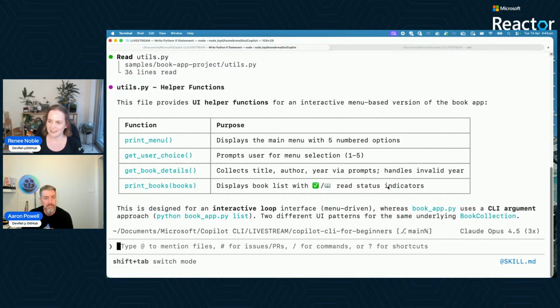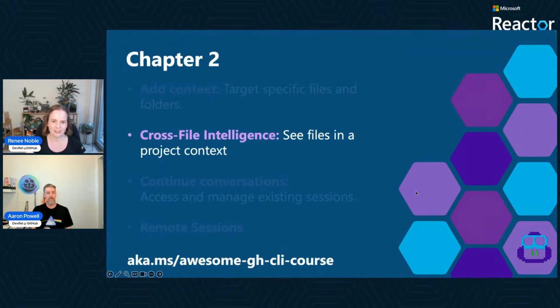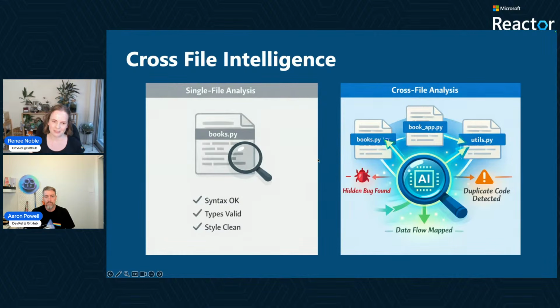So that is how we talk to a specific file, but we also want to be able to do cross-file intelligence to see many files in a project, because there's a lot of stuff that lives in the connections between files. Within a file, we can fix syntax, we can check types. We might be able to do some tests for that specific file. You can make sure that your linting's all correct, things like that.